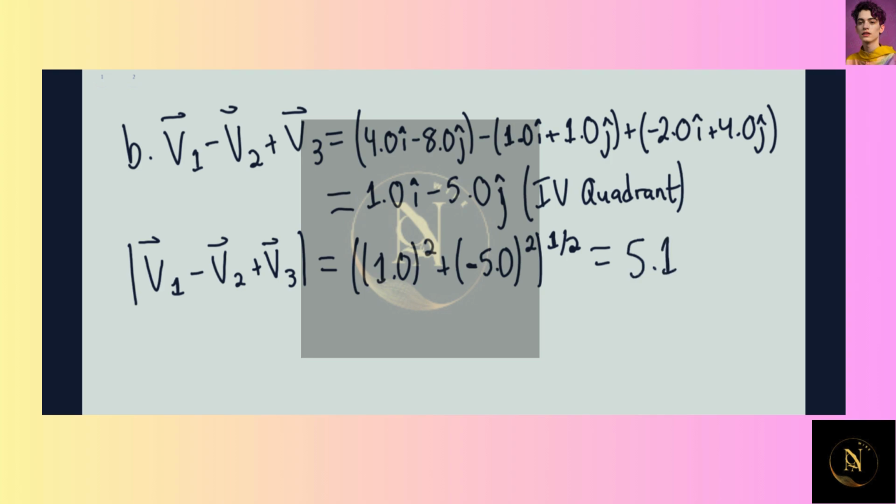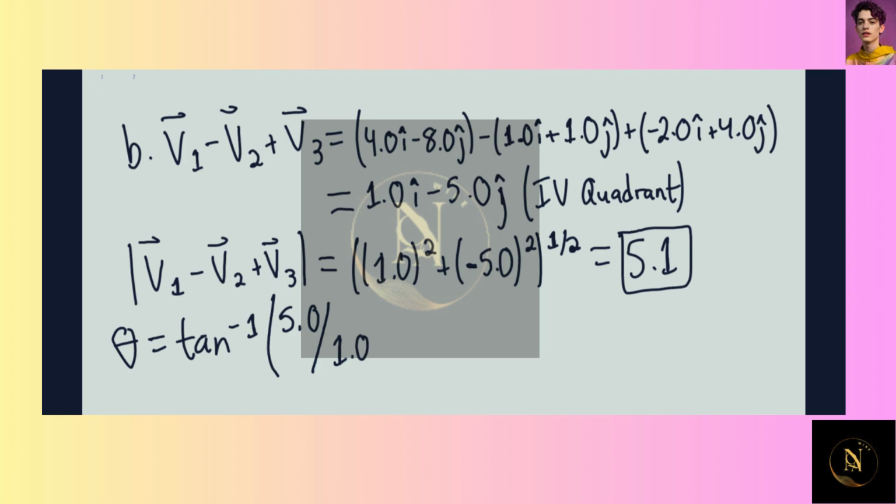So this would be the magnitude. And then if we wanted to find the direction, this would equal arctan of, again, negative, or rather 5.0 divided by 1.0, and this is going to equal 70 degrees.